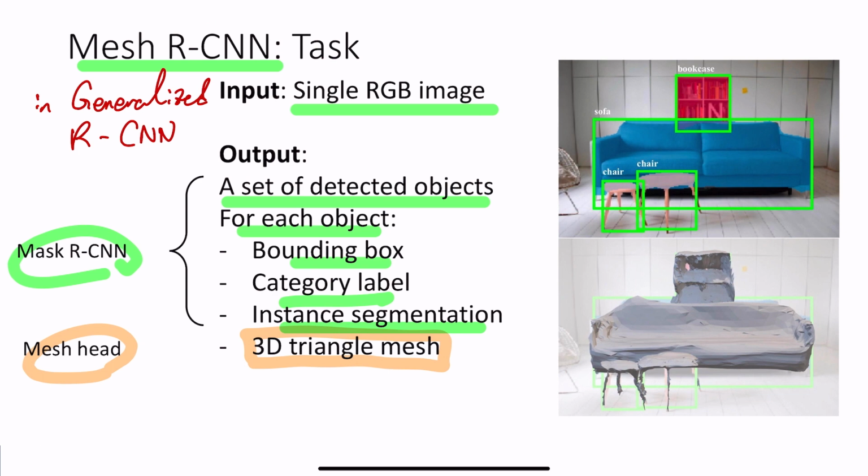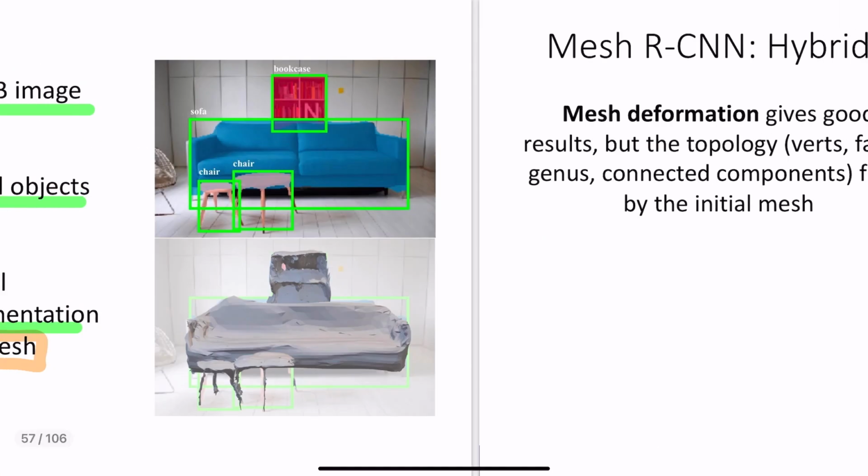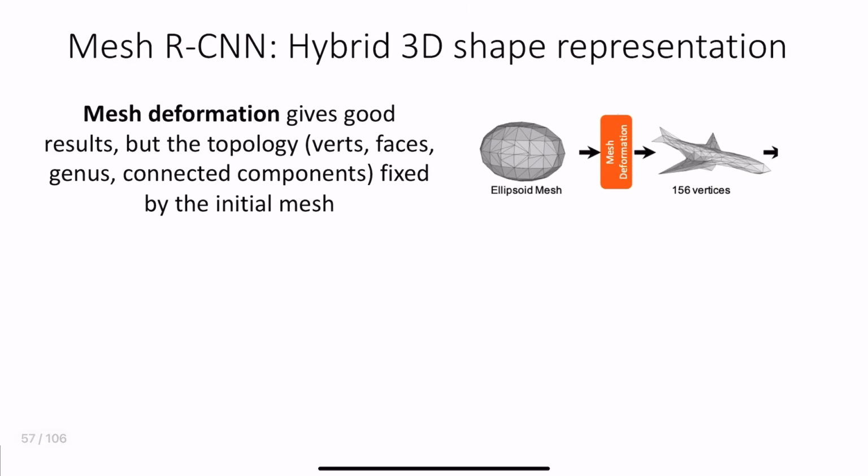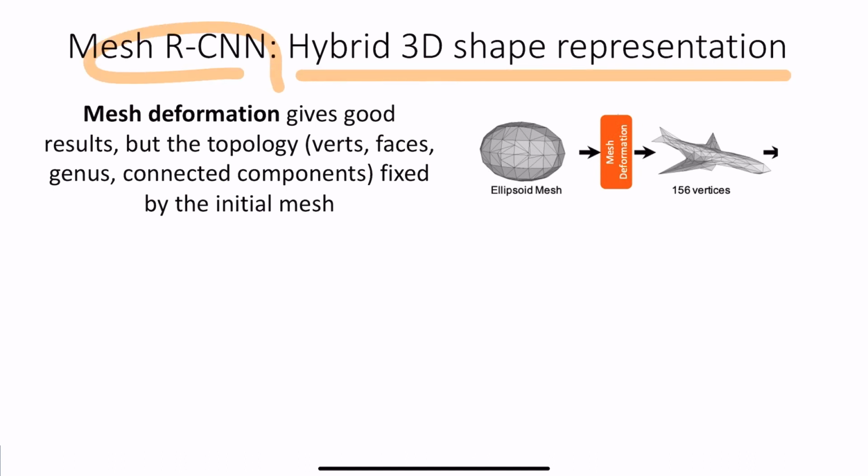So anyway, this is Mesh R-CNN. One more thing is that Mesh R-CNN is a kind of hybrid 3D shell representation. In Pixel2Mesh, for example, the mesh deformation module gives a good result, but the topology, vertices, faces, genus, and connected components are fixed in the initial meshes.